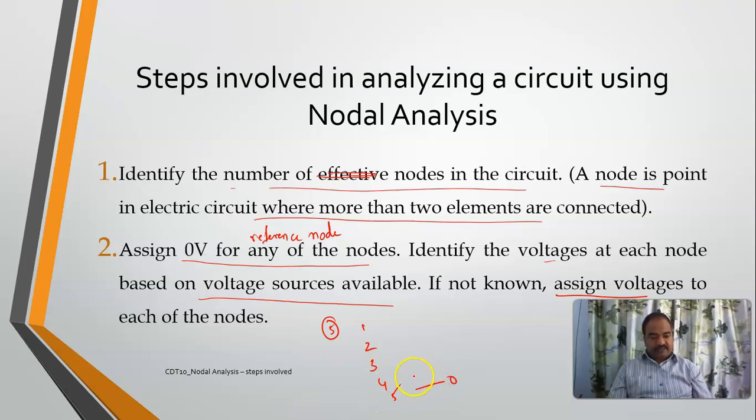For the rest, if you do have voltage sources, then you give the values accordingly. If you don't know them, then you assign them as V1, V2, V3 like this. Understood? For the reference node, you assign 0. The choice of reference node is completely yours. If you do have any voltage sources, identify the voltage at that node based upon them. If not available, then you assign voltages.